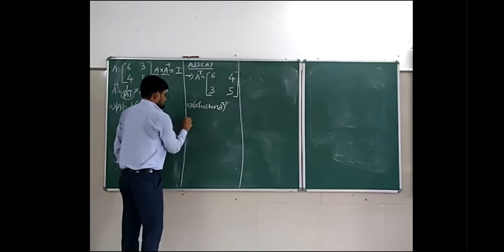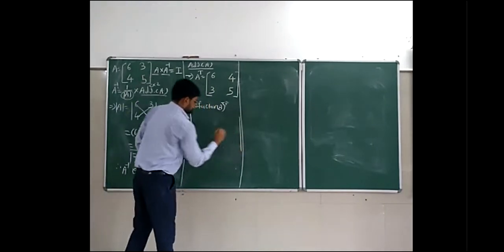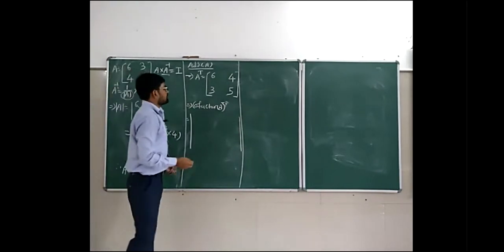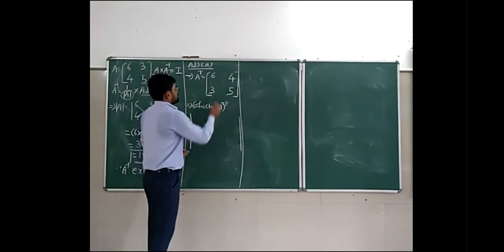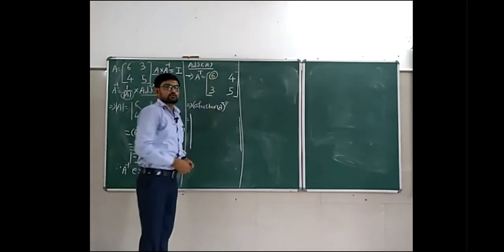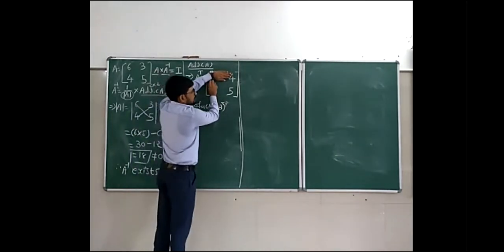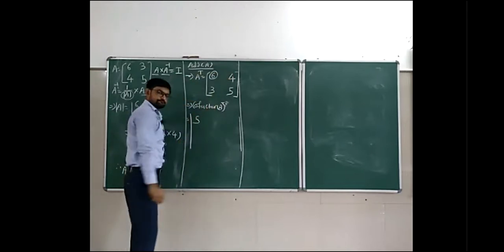Now actually, while finding cofactor, earlier we have seen how you can find cofactor. So first we'll find the cofactor for first row, first column. So just hide the first row and first column. What is the remaining element? 5. So write down 5.